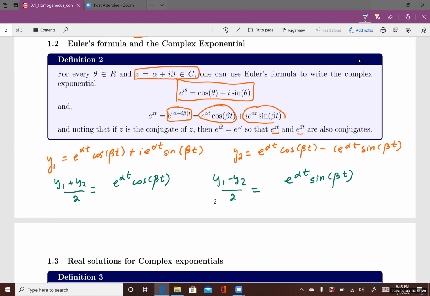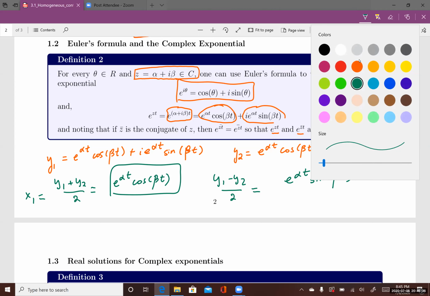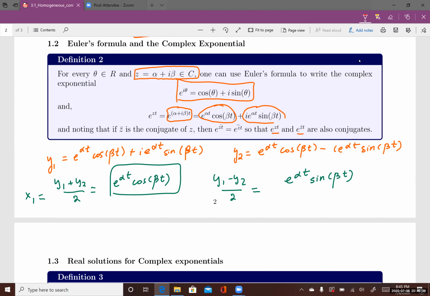So as you can see, x1 is also a solution to the differential equation, and x2 is also a solution to the same differential equation.